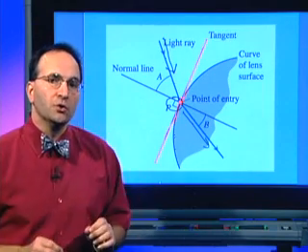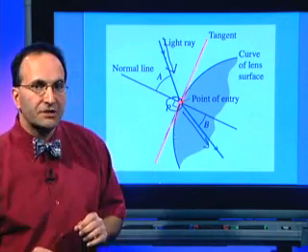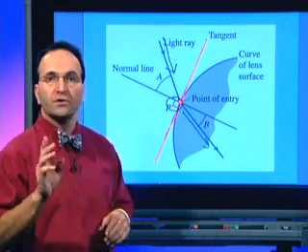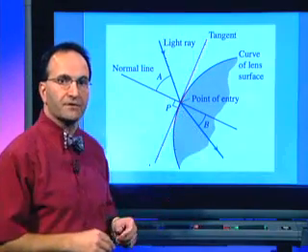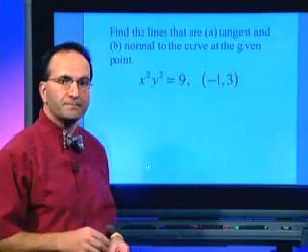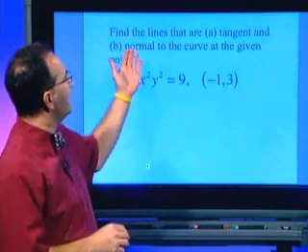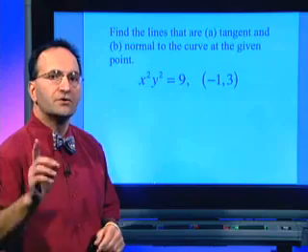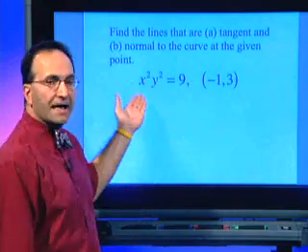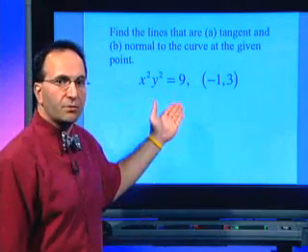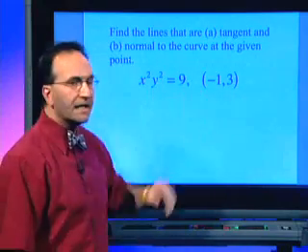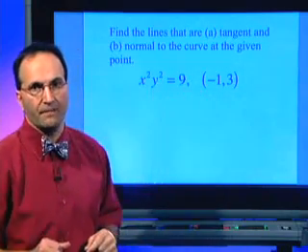Well, we can use implicit differentiation to find tangents and normals to any surface. Let's look at an example where we're going to find the lines that are tangent and normal to the following curve: x squared times y squared is equal to 9 at the point (-1, 3).